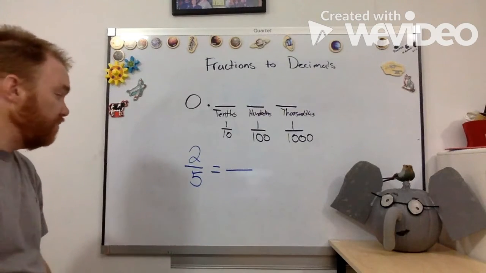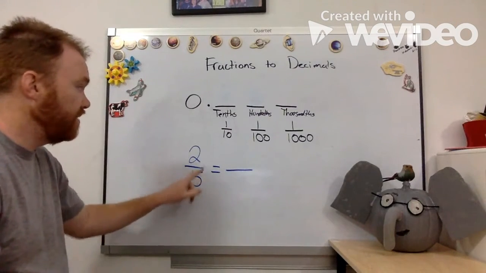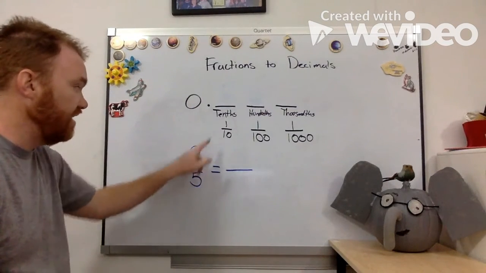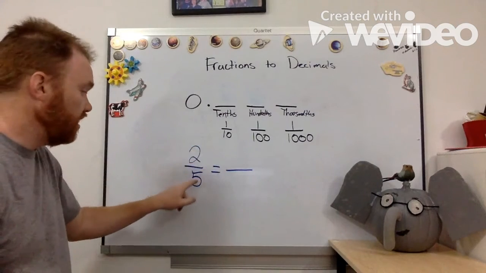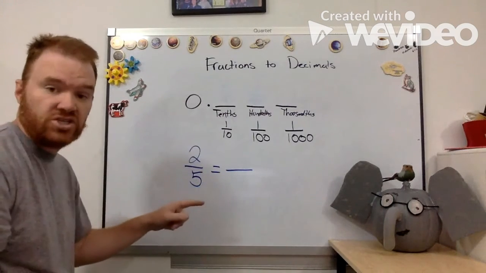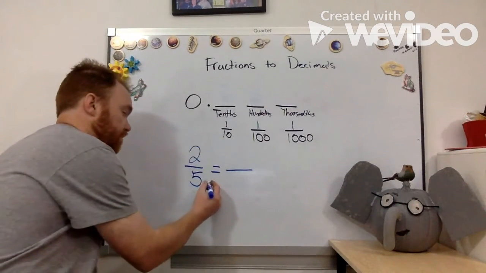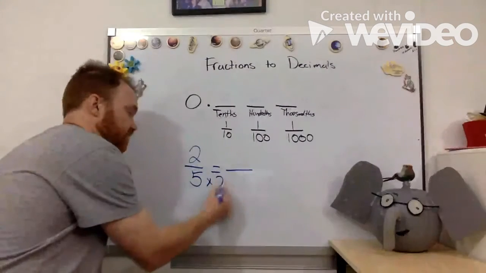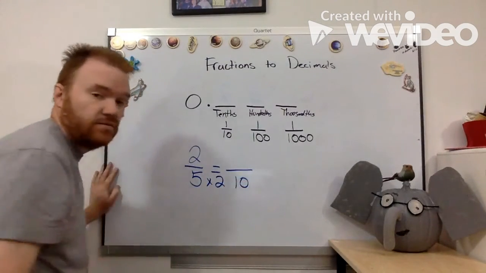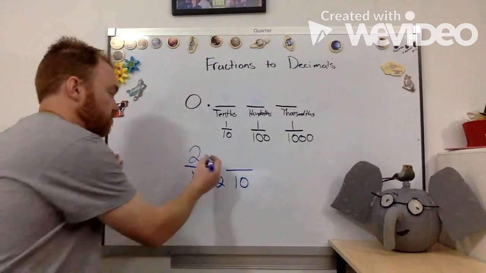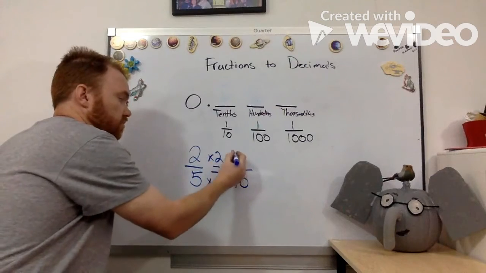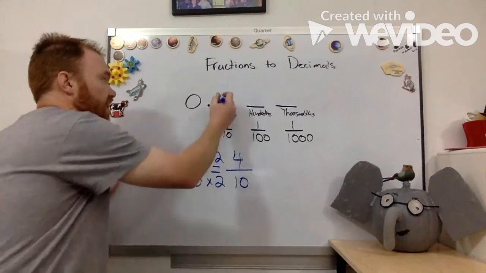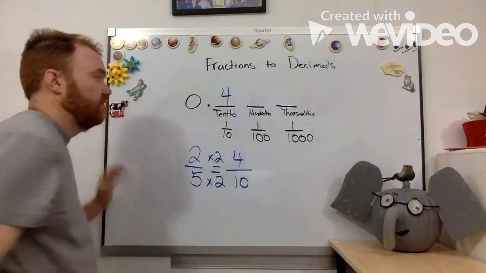I'm going to go to 10 because I can just do times 2. 5 times 2 gives me 10, and 2 times 2 gives me 4. I have 4 tenths.